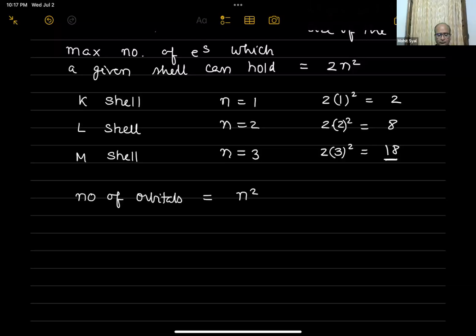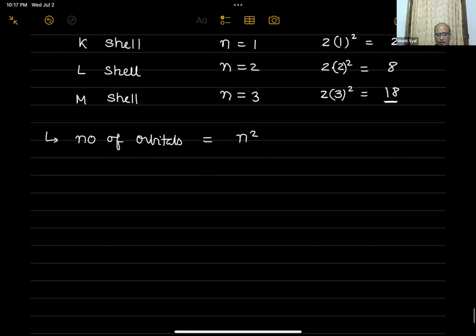So the third shell will have how many orbitals? 9 orbitals, and 18 electrons will be there.